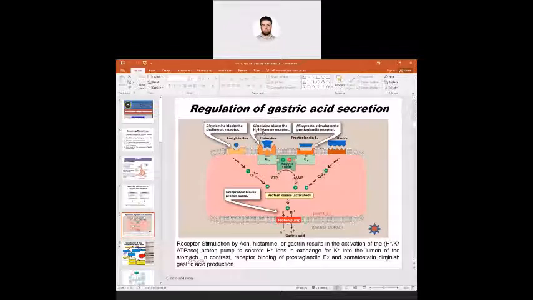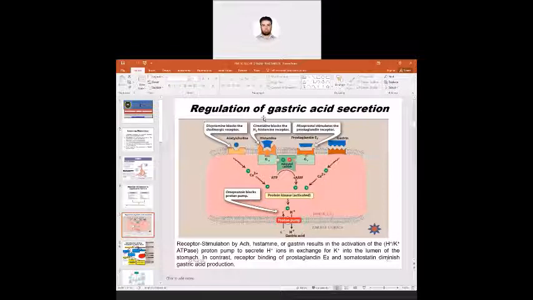We have four names under H2 receptor antagonists. You have to keep them in mind because anyone is a representative of the group. In MCQ questions, you can be asked about one of the members to represent the whole group. So if I say ranitidine is an H2 receptor antagonist, the answer is true.